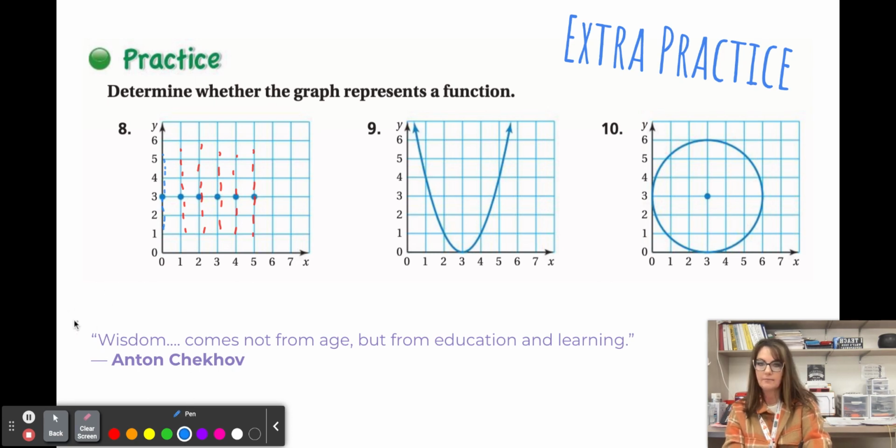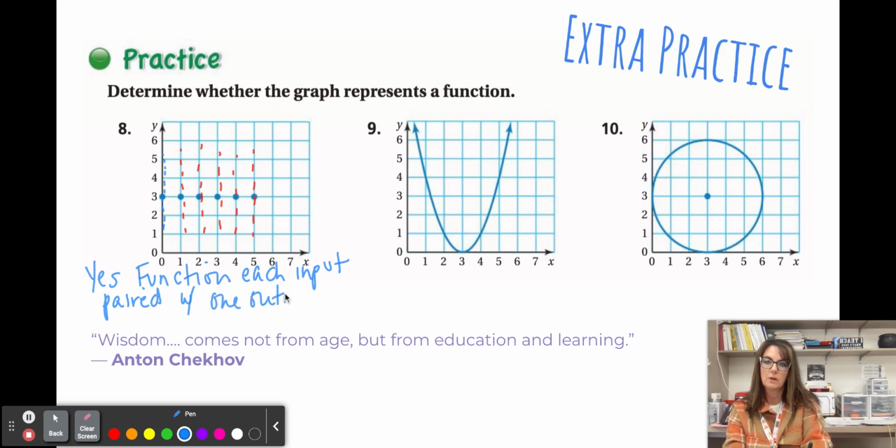So yes, it's a function. And again, each input paired with one output, and we know that because the line isn't touching more than one point.